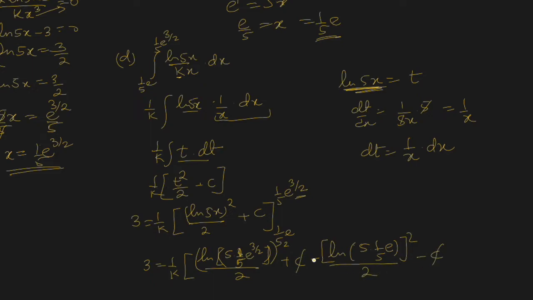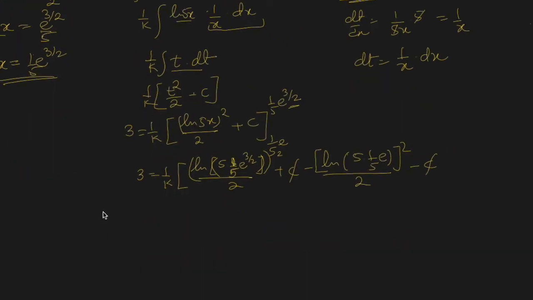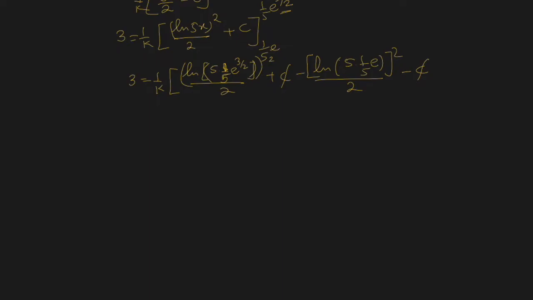This plus c and minus c cancel out. That is the first thing we should do. If you don't write plus c or minus c, that is also okay, no problem about that. So 3 is equal to 1 over k. 5 and 5 cancel. It is ln e now. Ln and e are inverse of each other, so it becomes just 3 over 2.